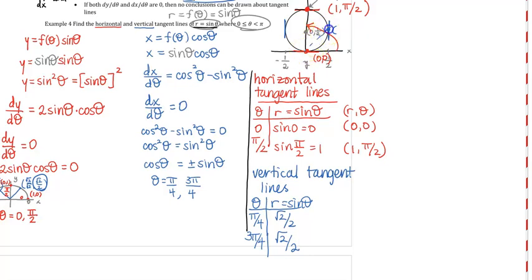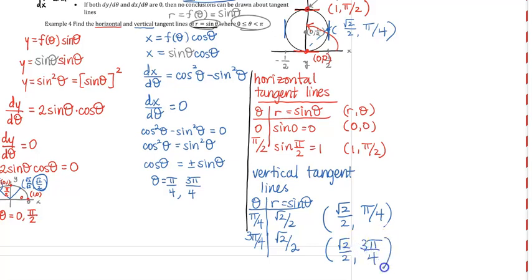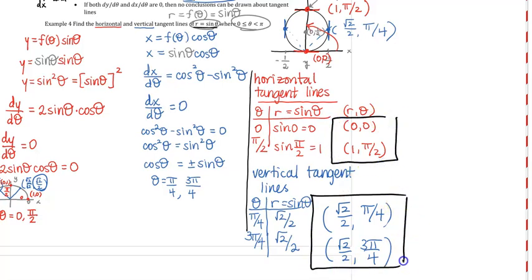This is at an angle of pi over 4 and root 2 over 2 units away from the pole: (root 2 over 2, pi over 4). And our last point was (root 2 over 2, 3 pi over 4). That's this point over here. Go to an angle of 3 pi over 4, root 2 over 2 units away. So these 4 points are our answers for where the graph has horizontal and vertical tangent lines.